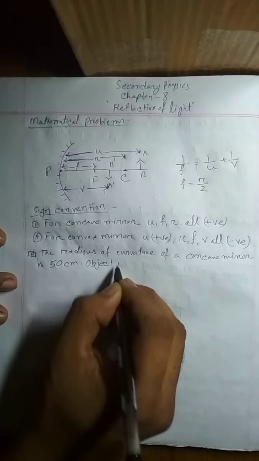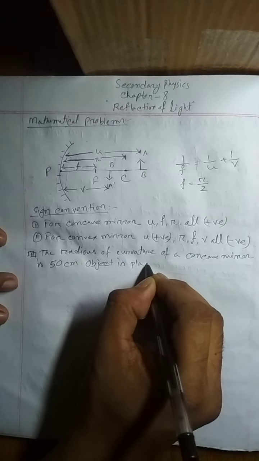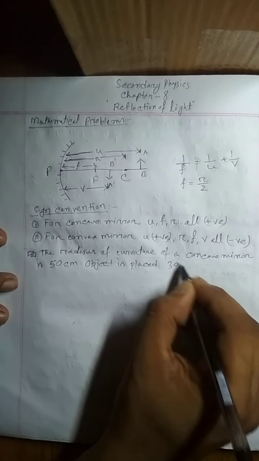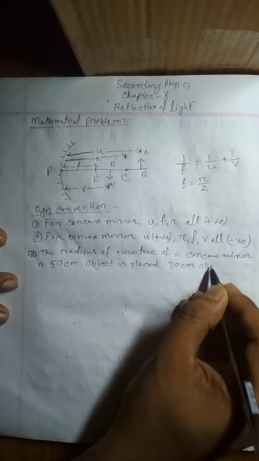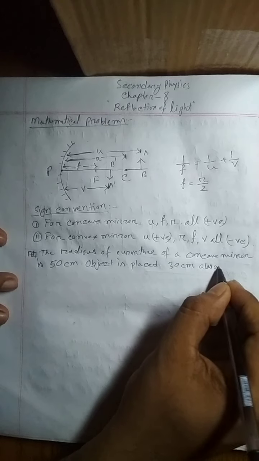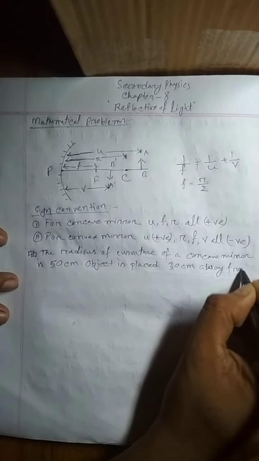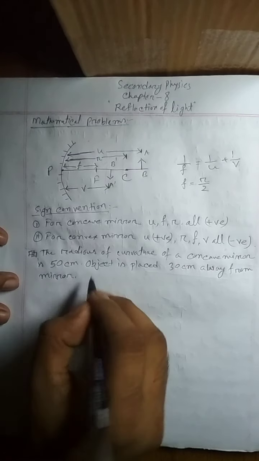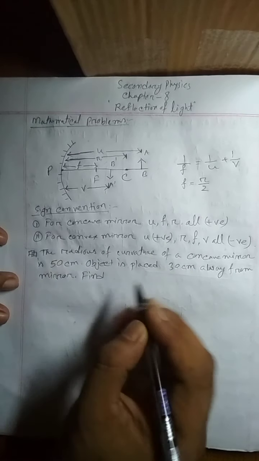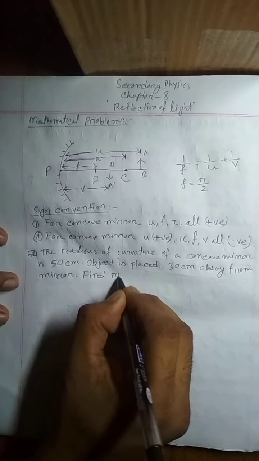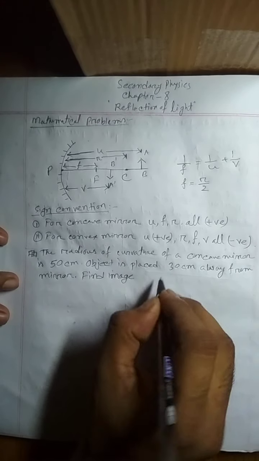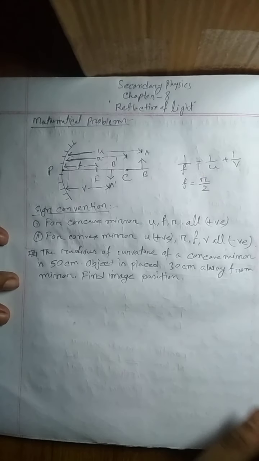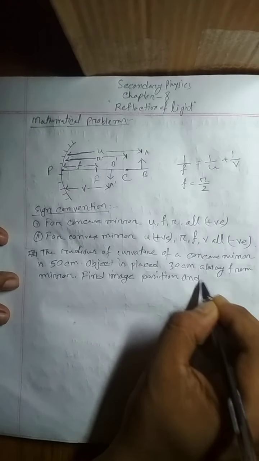The object is placed 30 centimeter away from the mirror. Find the image position and nature.